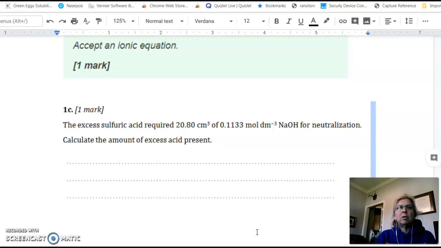So here we have some sodium hydroxide, which gives you the amount of sodium hydroxide that is reacted to completely neutralize the sulfuric acid. In other words, we're going to use it all up. Here's the important part. The sodium hydroxide is not going to be in a 1-to-1 ratio with the sulfuric acid.